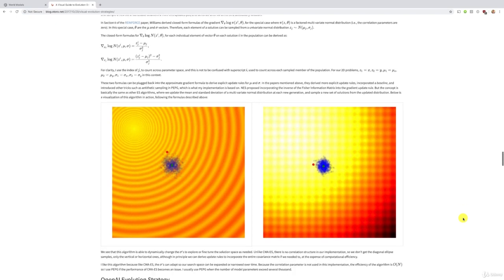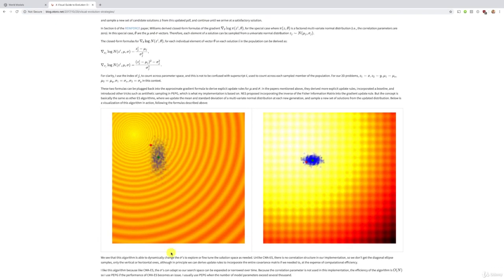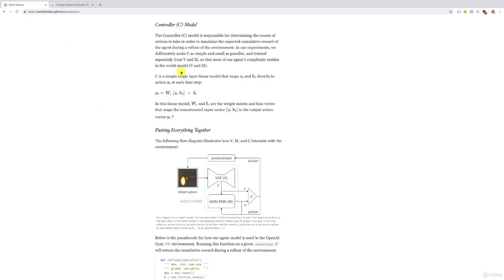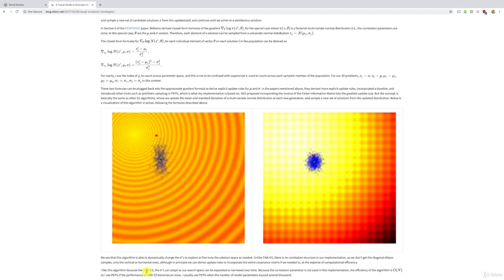And as the author clearly says, this algorithm is great like the CMA-ES. However, the PEPG, as I was telling you, is rather used when the number of model parameters exceeds several thousands. When we don't have that many parameters, which, let's remind, is the case for our full world model, where the controller is simply a single layer linear model, therefore not having several thousands of parameters, the CMA-ES is the most appropriate evolution strategy, and that is why that's the one we use for our full world model.